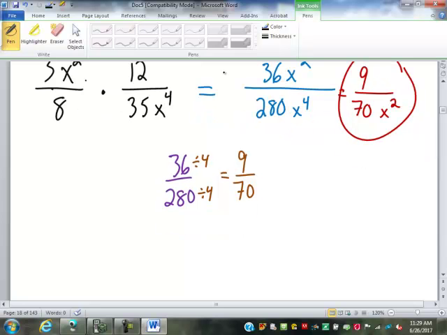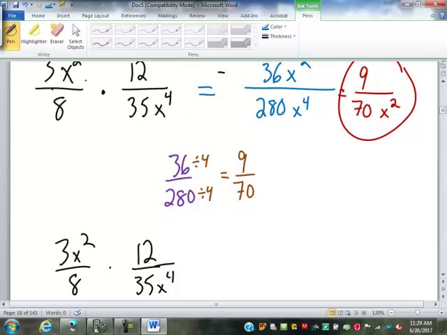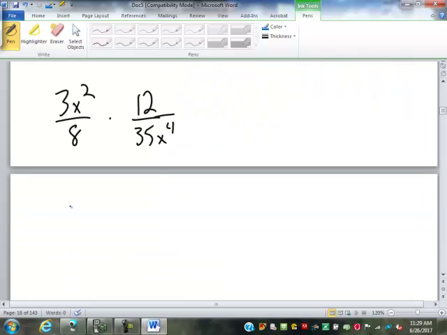The other way we could have done that problem, rather than multiplying it out and reducing it down, I could have pulled out the numbers and worked with them first. Here I can cross cancel the 8 and the 12, since both divide by 4. 8 divided by 4 is 2. 12 divided by 4 is 3.